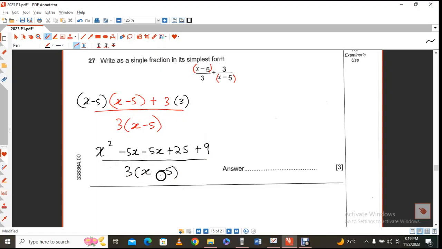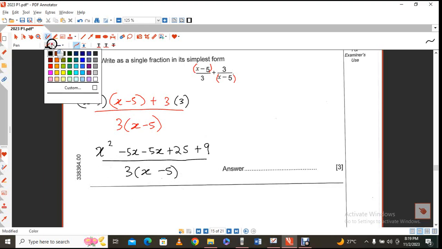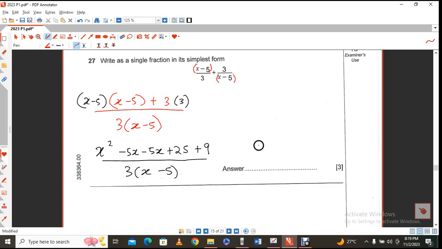You'll realize I'm not multiplying out the denominator. There's no need to multiply out that stuff. Eventually, if I simplify the numerator, I would have x squared minus 10x plus 34. That's 25 plus 9. Everything over 3 and then x minus 5.